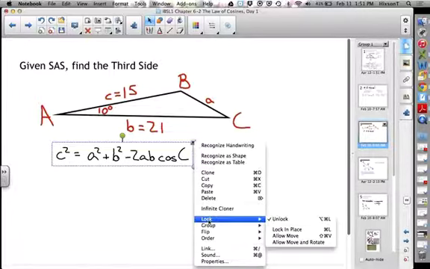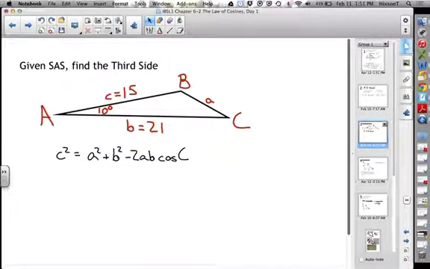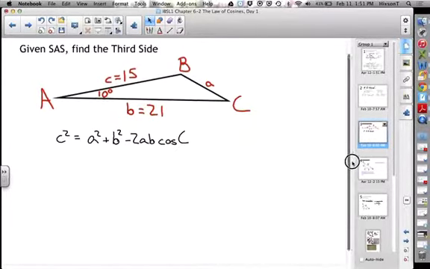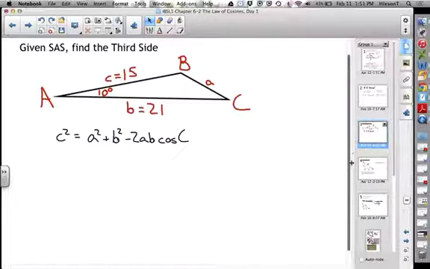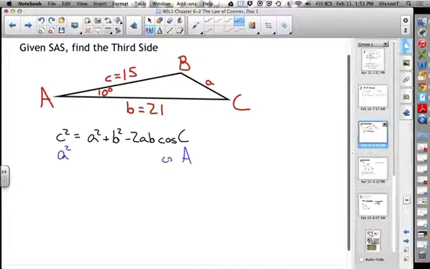Block that. Now, the formula that we were given had C, but we're solving for A, so we are going to have to interchange some parts. Since I'm solving for A, I have to use angle A, and instead of A's and B's here, I'm going to have B's and C's.